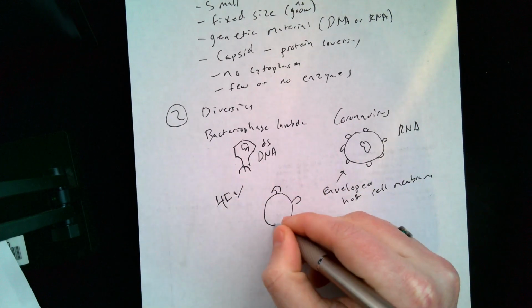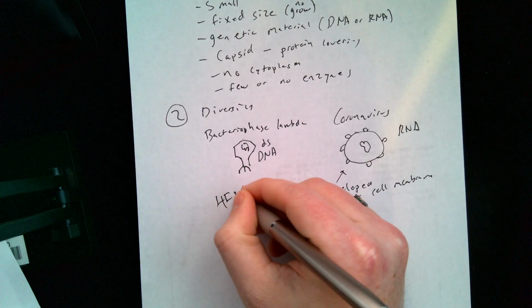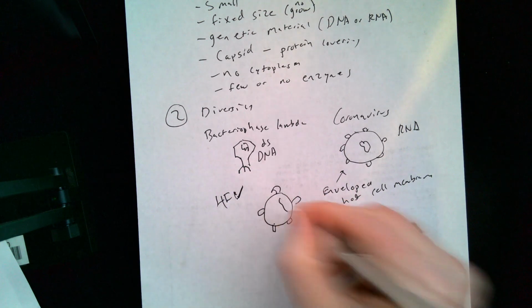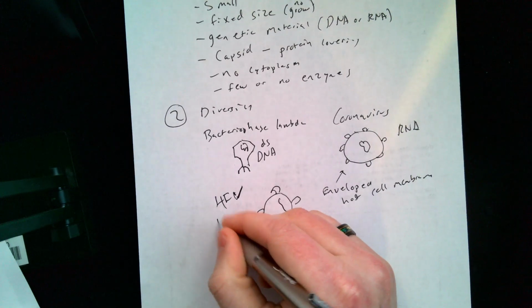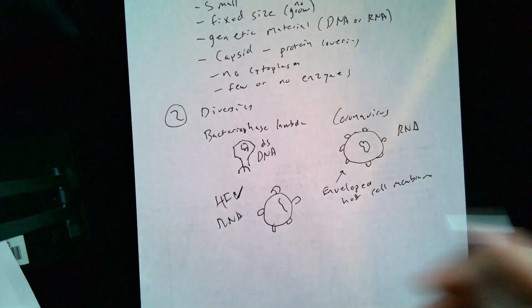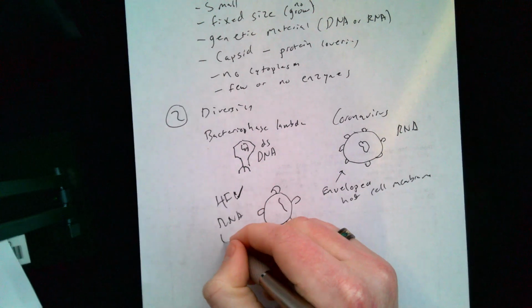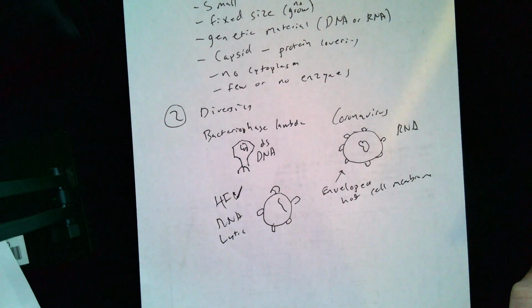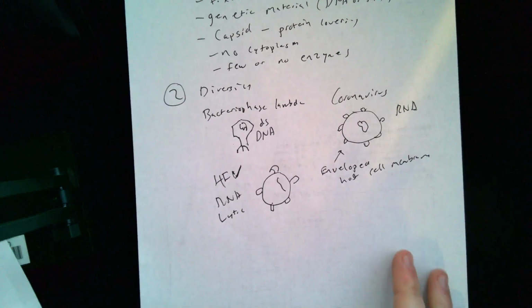It looks like this, but this one is also RNA. This one undergoes the lytic life cycle. And we'll talk more about what that means in a second.